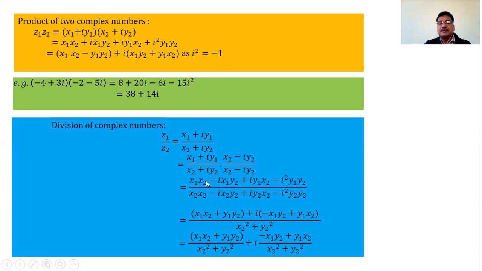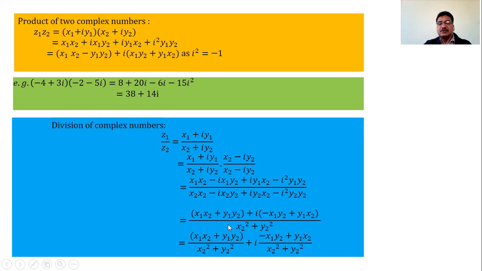is what? x1 x2 plus y1 y2, and in this term take i common, then what do we have? Minus x1 y2 plus y1 x2. That is, take this minus sign at the first term, or interchange the first and second term. Also this is divided by x2 square plus y2 square for both terms.